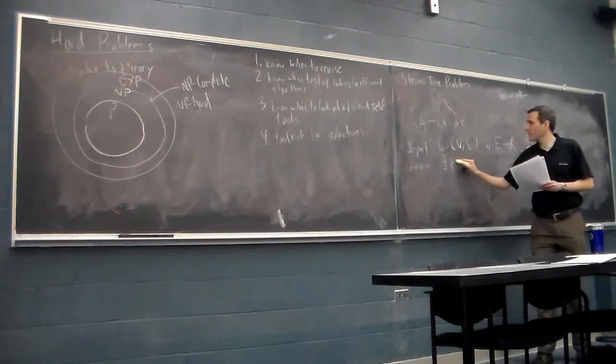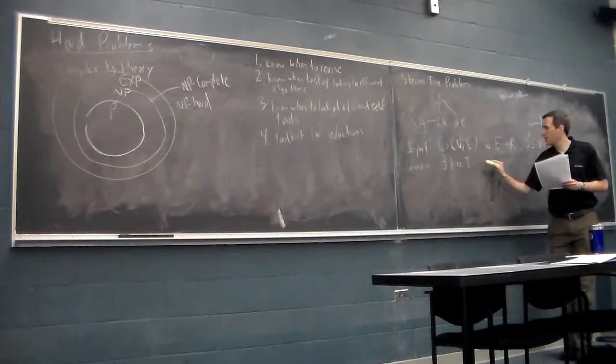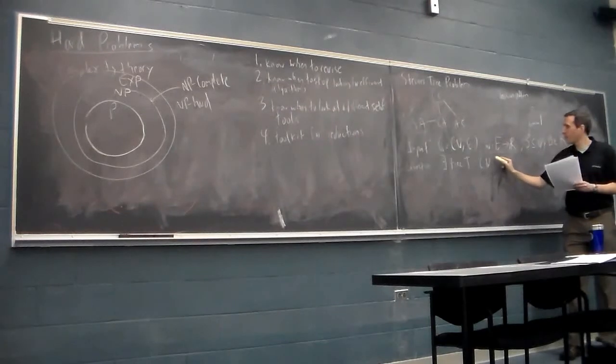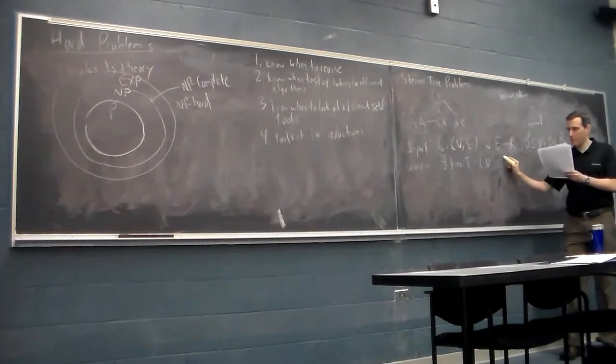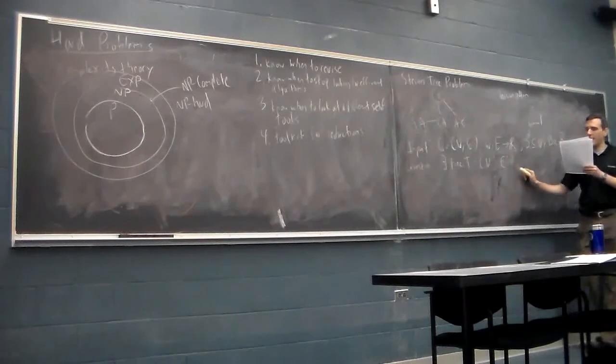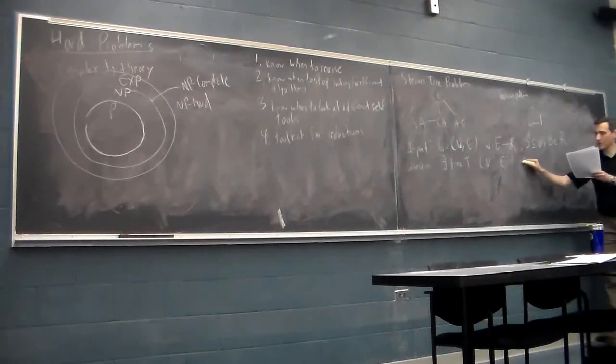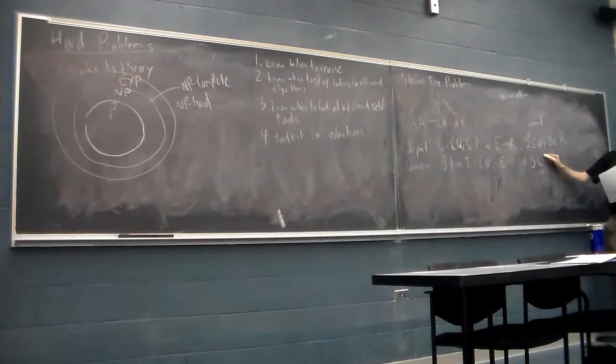Does there exist a tree T, where the tree is a subset V prime of the vertices and E prime of the edges of our original graph, such that S is a subset of V prime, which is a subset of V, and such that the sum over the edges E prime of the weight of the edge is less than or equal to B?